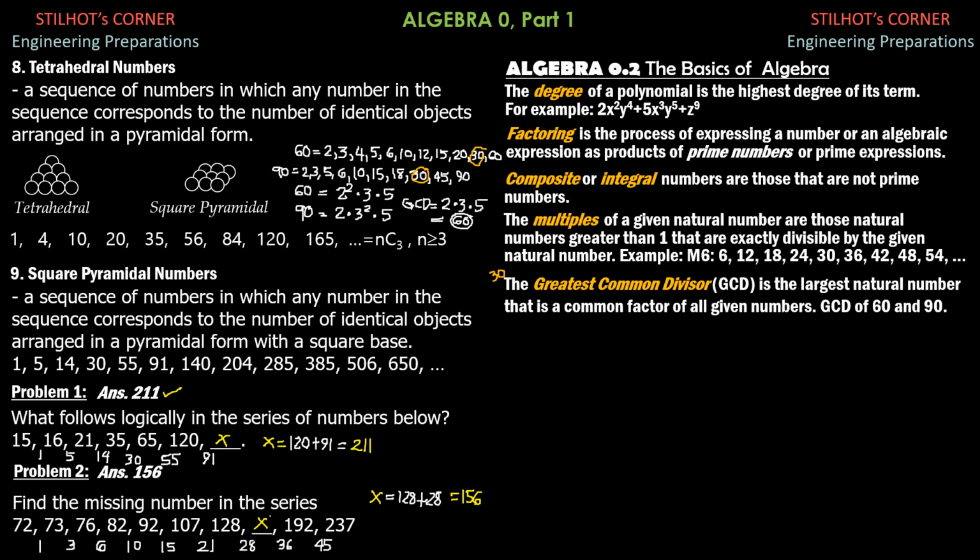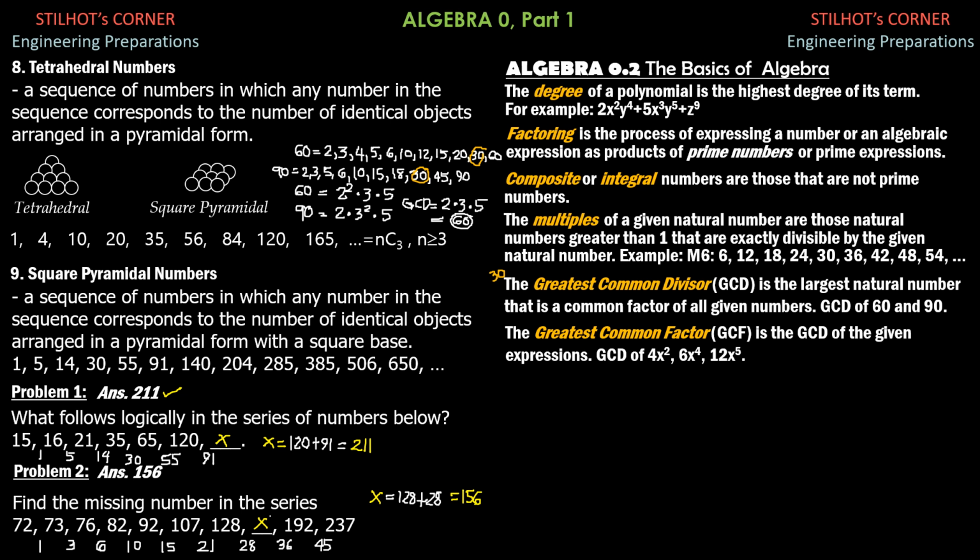Next, we proceed to the greatest common factor. The greatest common factor is the GCD of the given expressions. So that's the definition. GCD is applicable to numbers, while GCF is applicable to algebraic expressions.